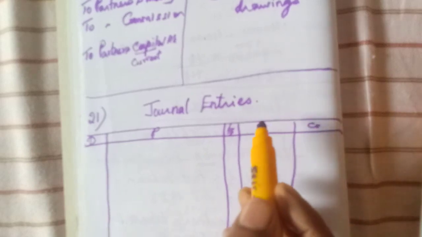Simply journal entries we will write. Date, particulars, LF, debit, credit, rupees.